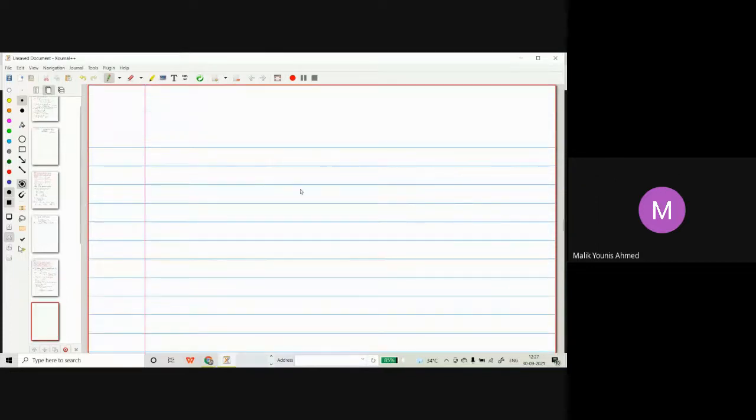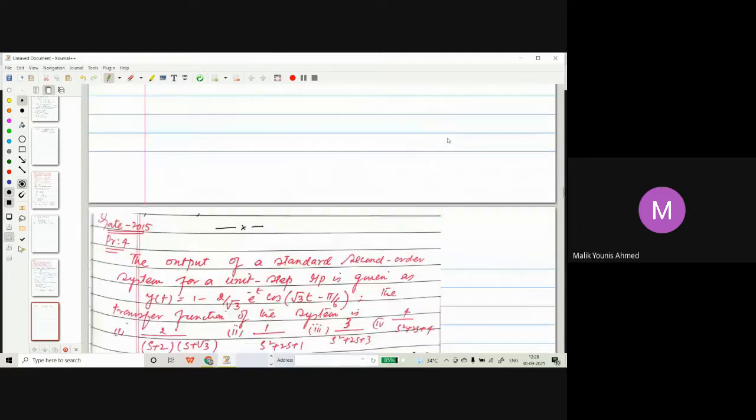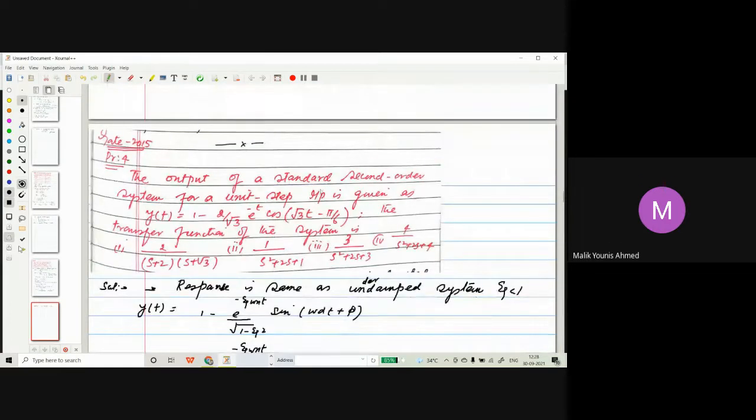Okay, next, method 2 also I want to do. Some people, I think roll number 12, has done method 2. I have told you that the time constant tau in this case is the reciprocal of the coefficient of t. In the very first class, when I was talking about the first order system, the same approach will be here.